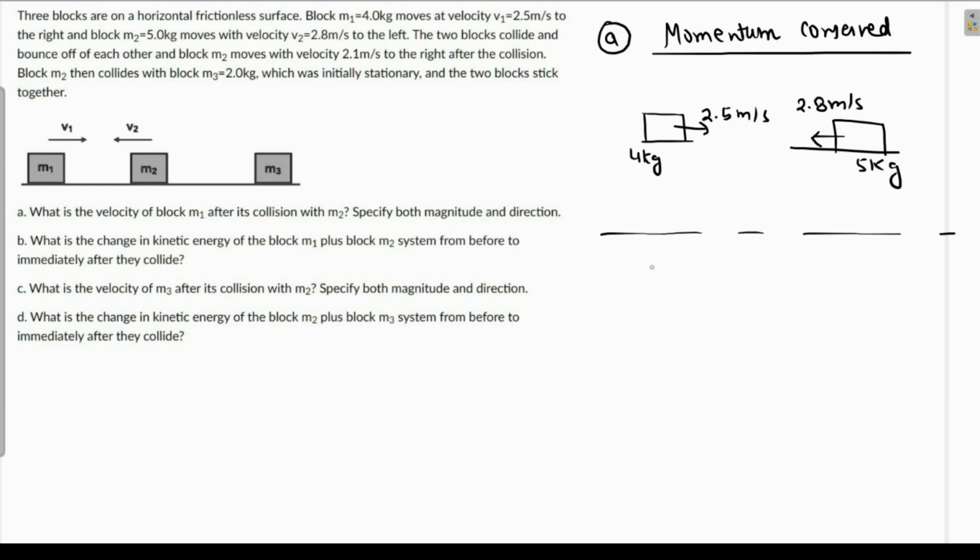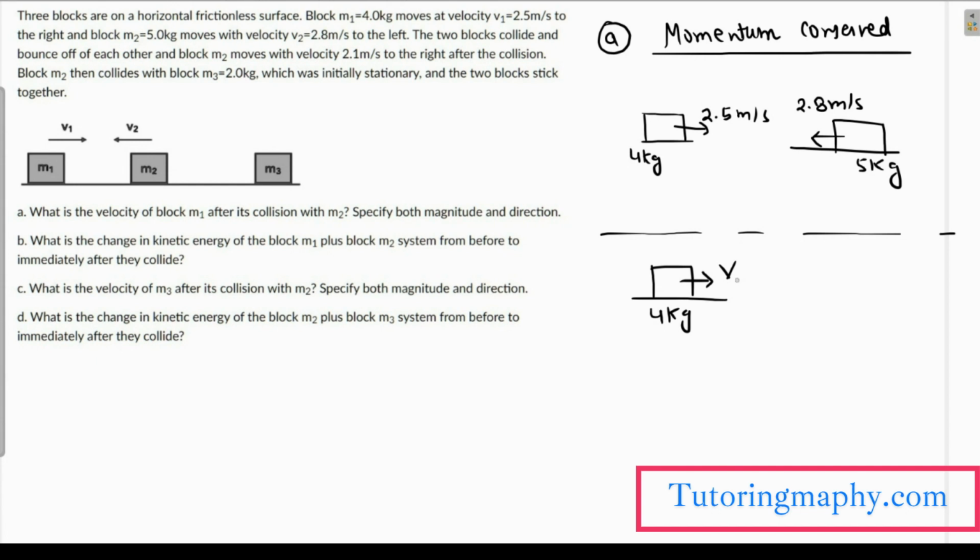After the collision, the block M1, where is that moving, we do not know, so let's call it V of A, and the other block is already moving on the right with 2.1 meters per second, and this is 5 kilograms.